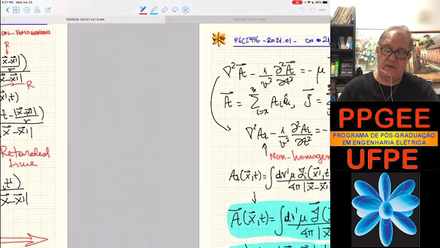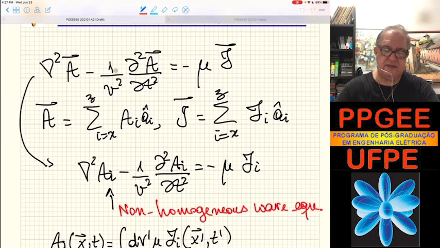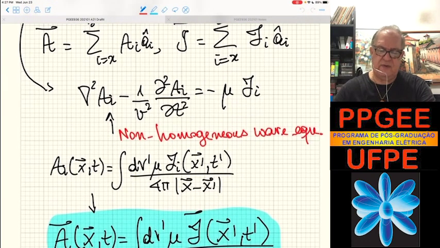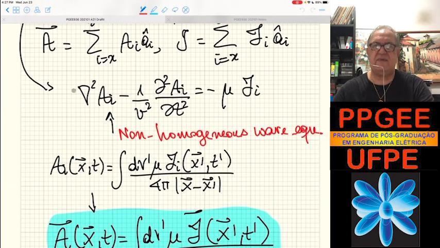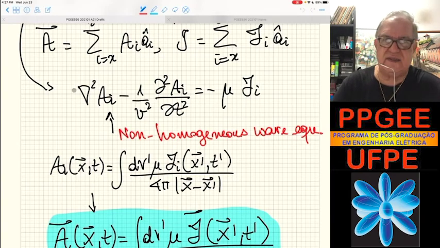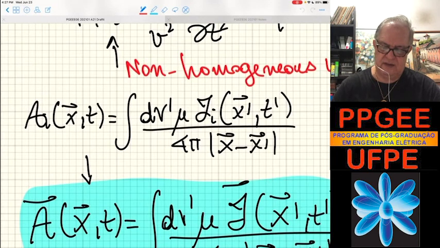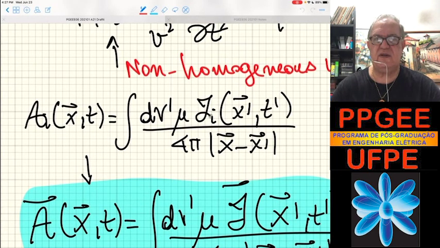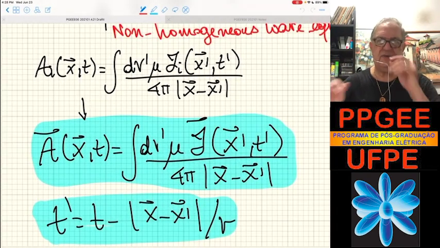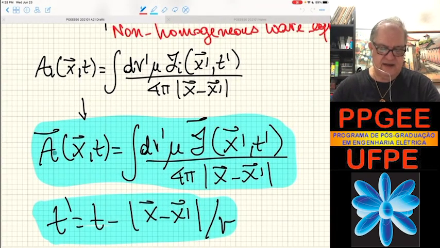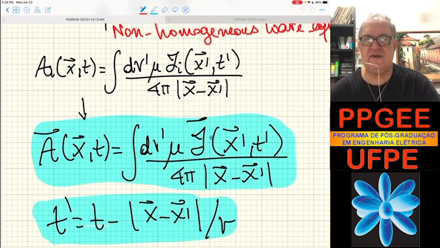We did that before. We break the potential into rectangular components, right? For each component, we have a non-homogeneous wave equation, which we already solved. For each component, it's going to have a retarded solution as well, related to the ith component of J. And we can now assemble all together, and we get the vector potential, which is the same solution we got for the stationary current in the magnetostatic case.